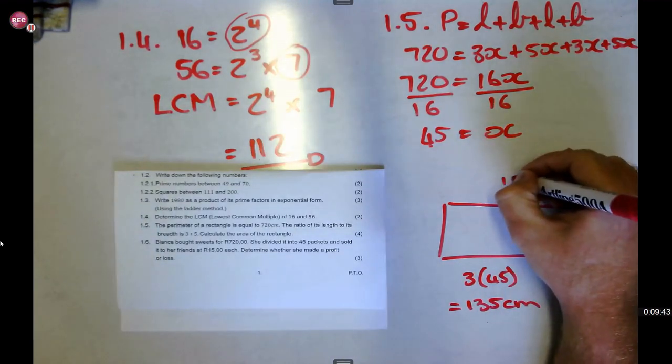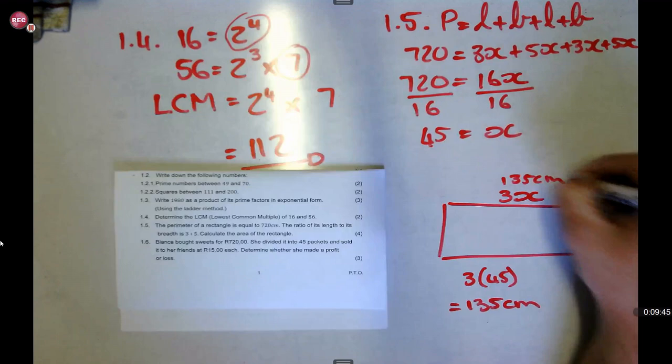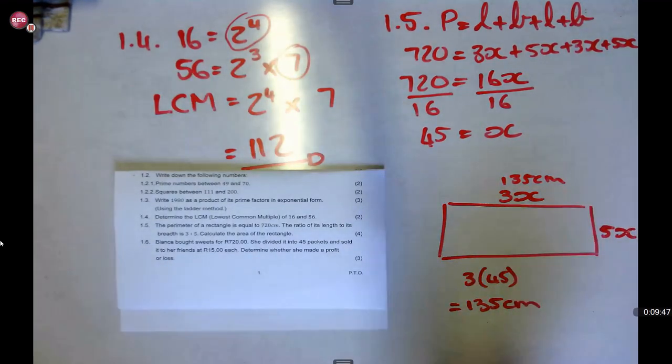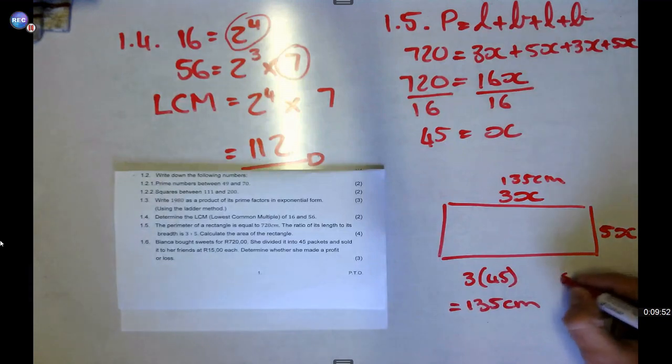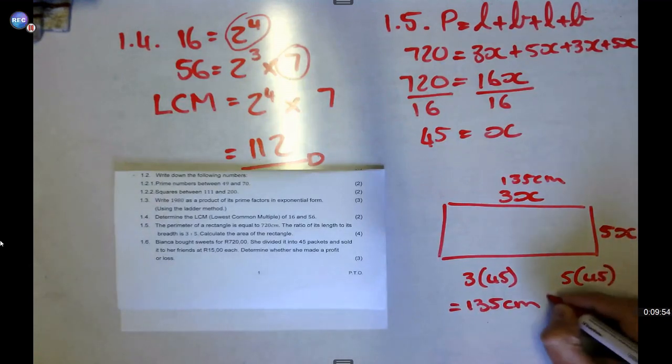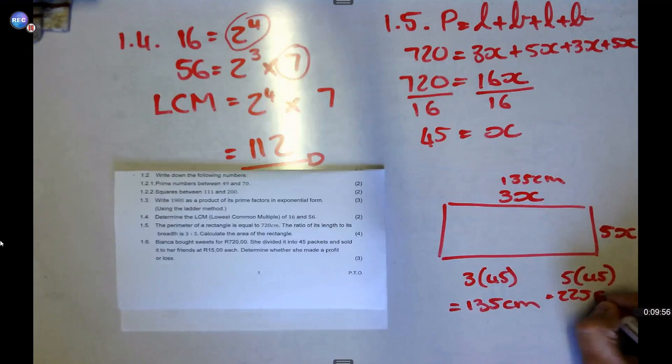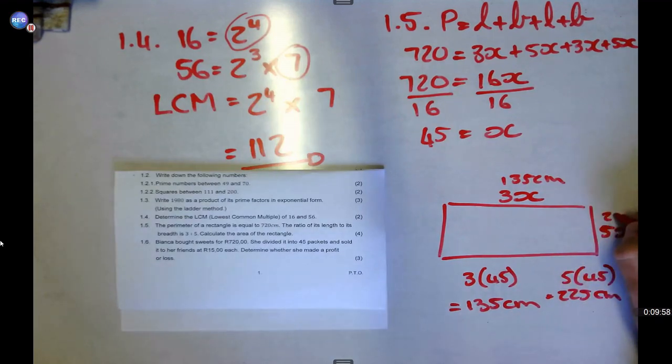So the length here is 135 centimeters. Then the breadth would be 5 times 45, so 5 times the 45, and that would give me 225 centimeters. So the breadth is 225 centimeters in this regard. Okay?